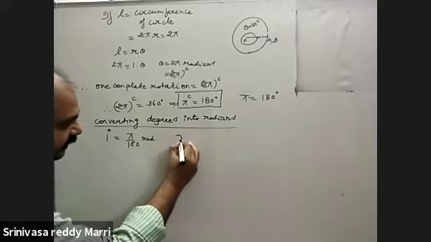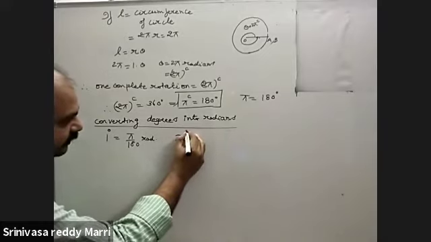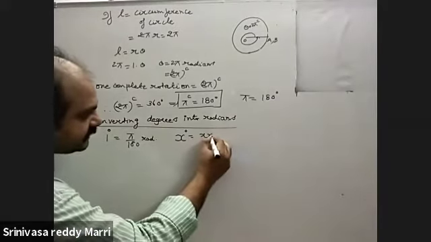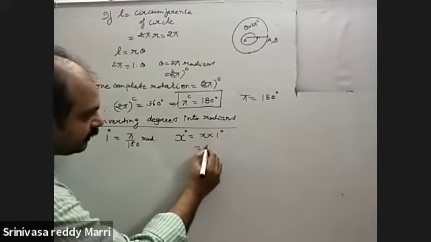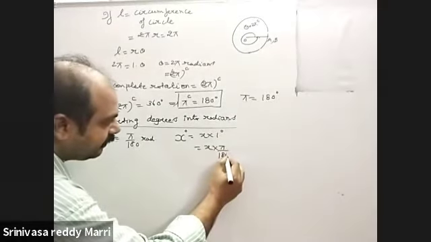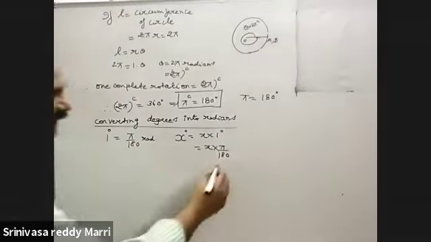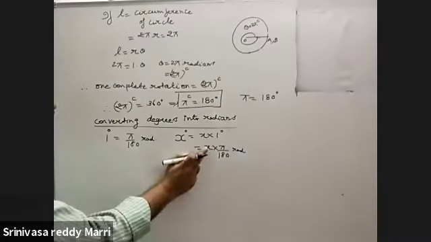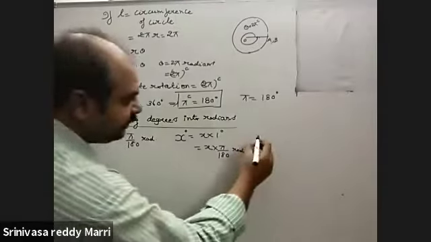Suppose let us say x degrees you want to calculate. X degrees can be converted as x into 1 degree. That means x degrees will be converted by using the formula x into pi by 180 radians. This x degrees equals x into pi by 180 radians.